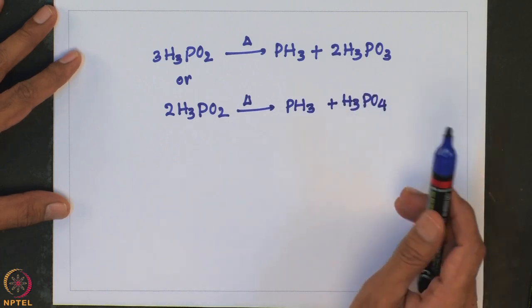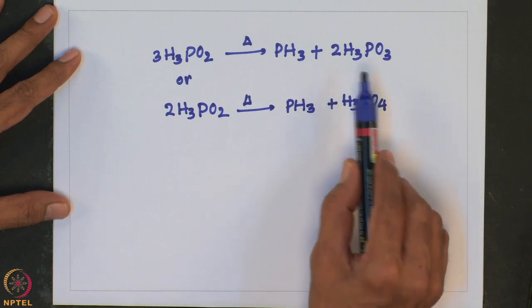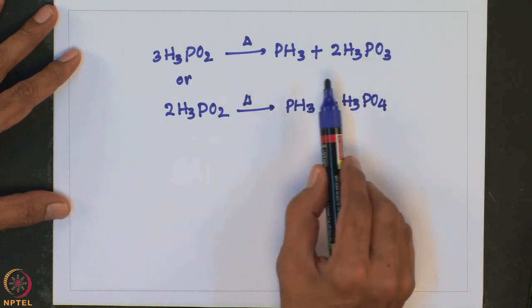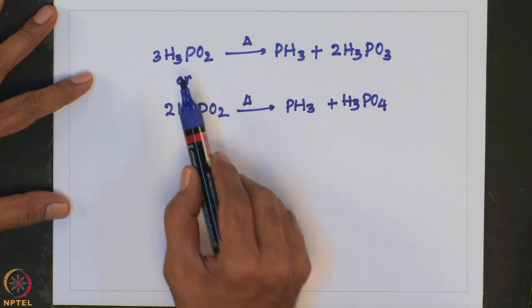So, that means essentially one can get either H3PO3 or H3PO4 along with PH3 when phosphinic acid is heated.